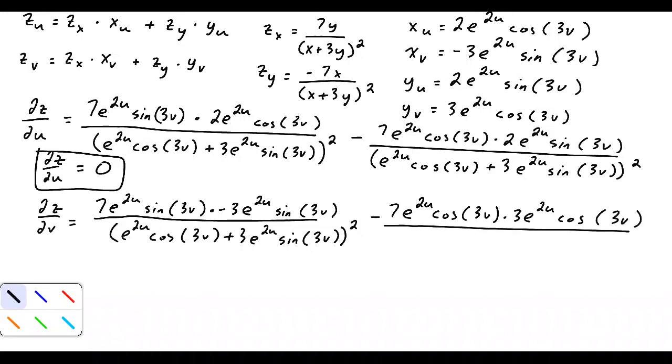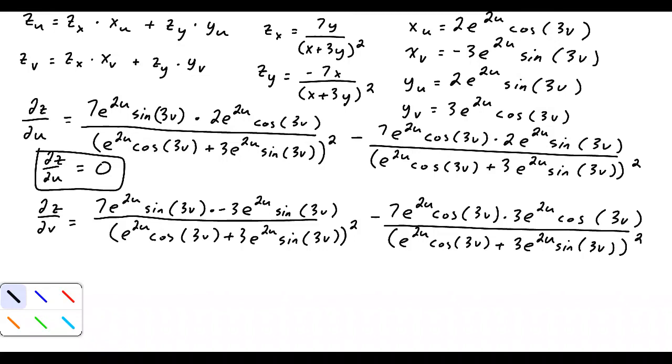That was our numerator. Our denominator is (e to the 2u cosine of 3v plus 3e to the 2u sine of 3v) squared.